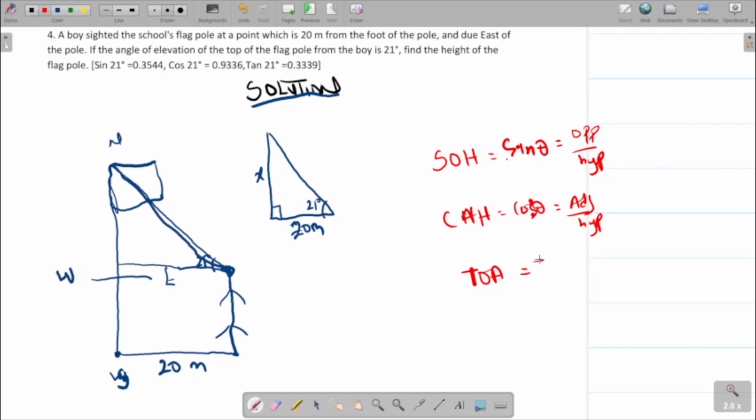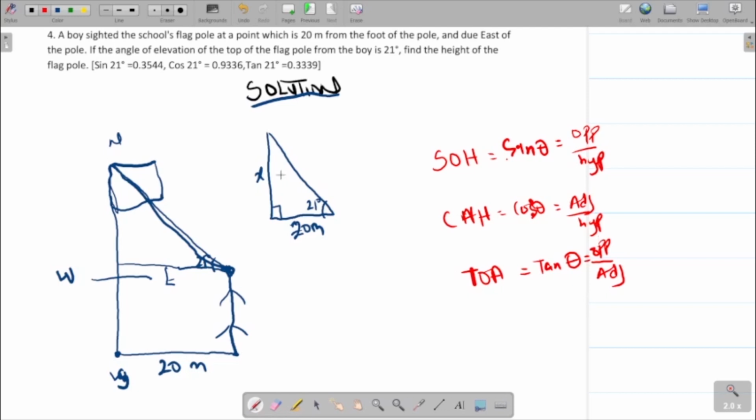And the TOA, tan theta, equals opposite over adjacent. So we look at these formulas written on the screen. You need to understand it before you can choose which of them will work for the question you are given.